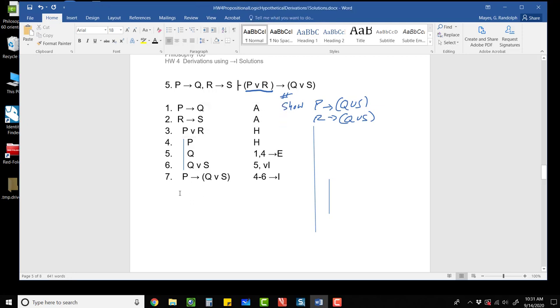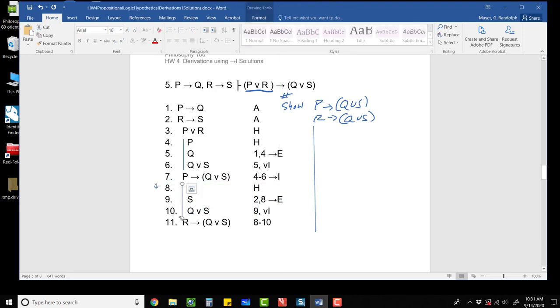Okay, so now you're just going to prove if R then Q or S, so you're going to hypothesize R and just do the same thing. Exactly the same process yields if R then Q or S, discharge your R hypothesis, and now you note that you finished your project.